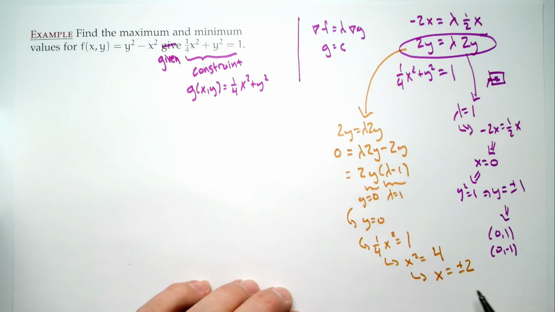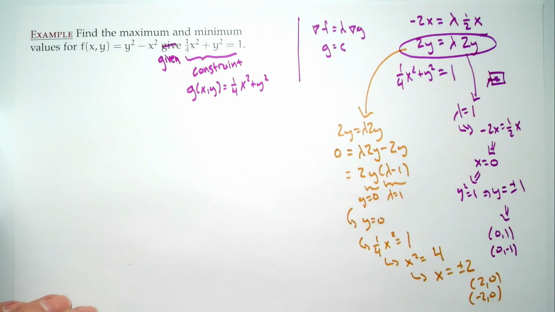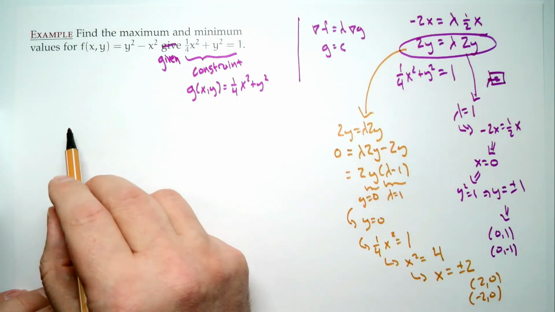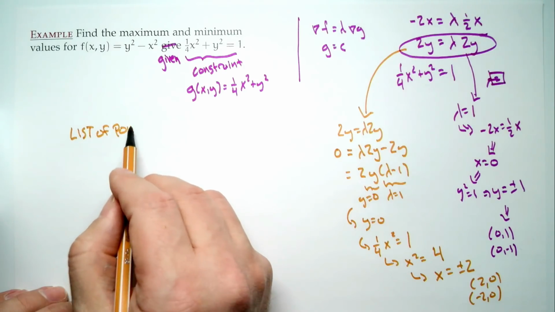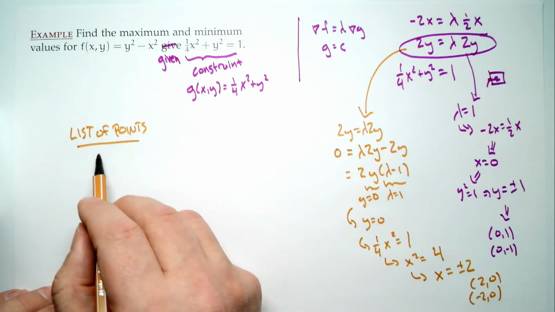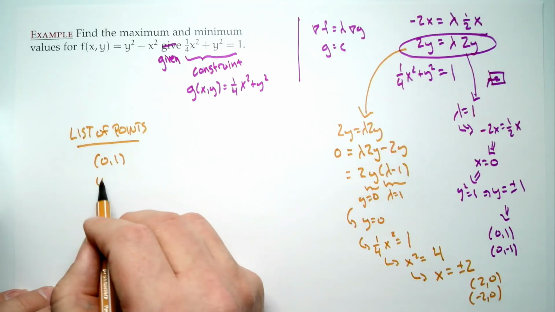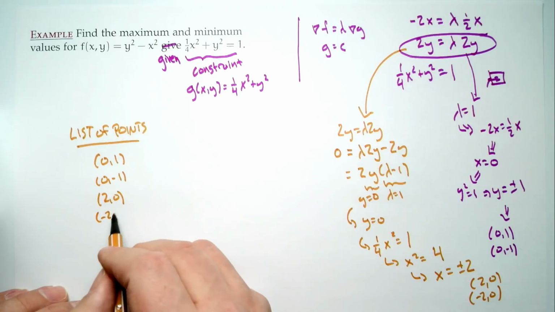Plus or minus 2, which gives us the points (2, 0) and (-2, 0). So what we have is, after you set up the system of equations, you go through, you solve, you get the following list of points. In some sense, this is similar to last time, where we're finding a list of points that satisfy the system of equations: (0, 1), (0, -1), (2, 0), (-2, 0).